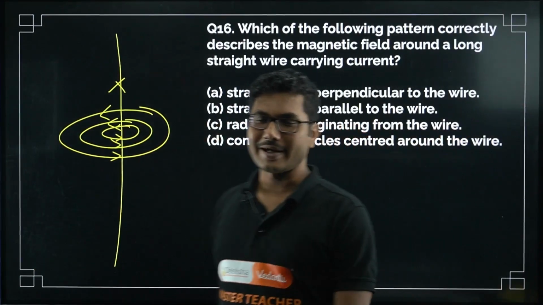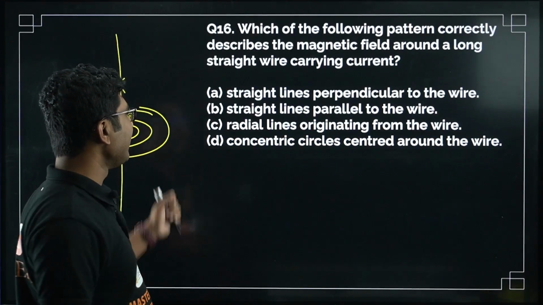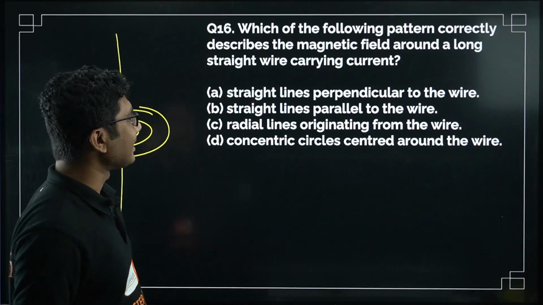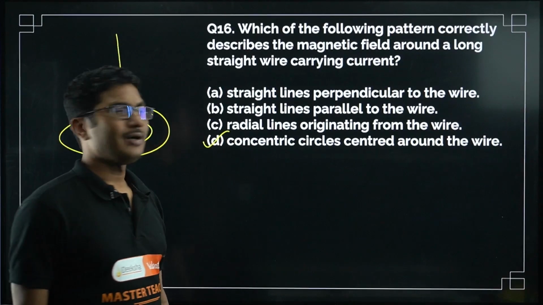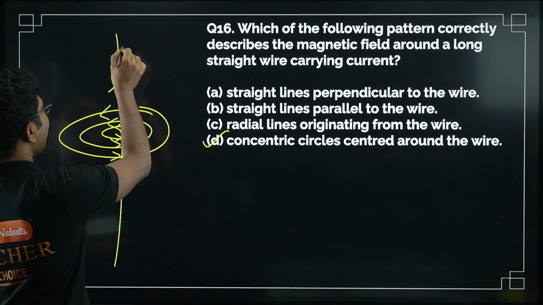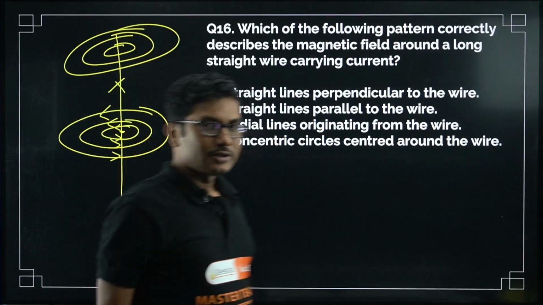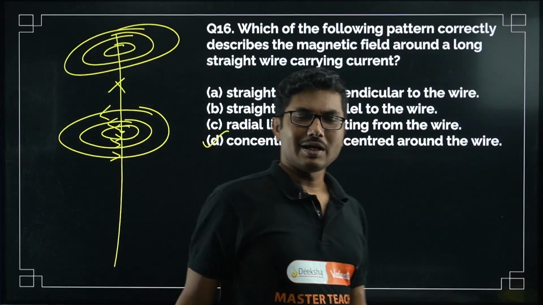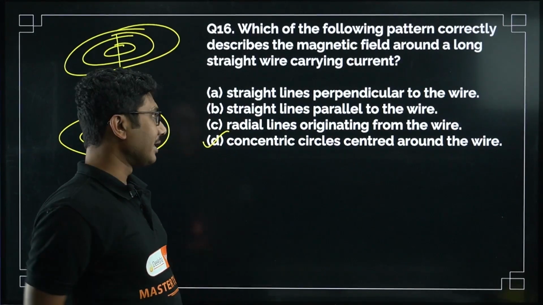Circular magnetic field lines around a current carrying wire. So it will be concentric circles centered around the wire. At any point you take, they all will be concentric circles. So for a straight current carrying wire, magnetic field lines will be concentric circles centered around the wire.